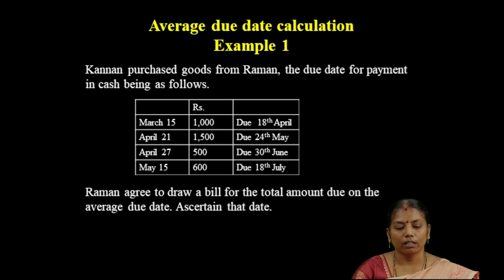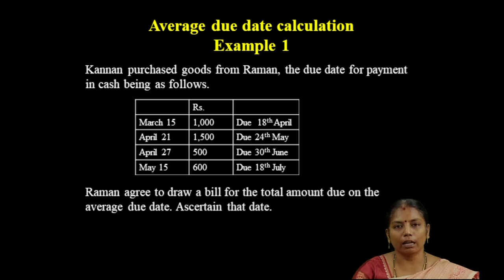Here, Kannan purchased goods from Raman, the due dates for payment in cash being as follows. March 15th, he wants to pay the amount 1000. The due date is 18th April.